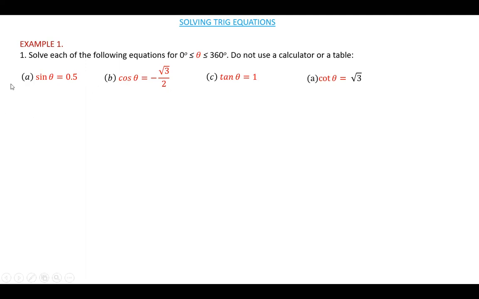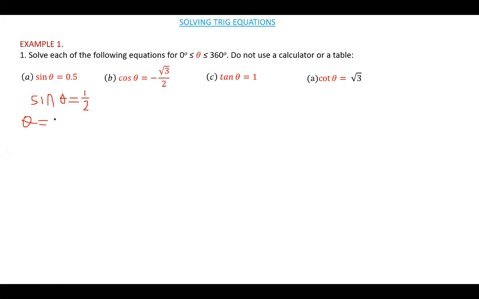So let us see how we can solve this first one here. The first one is saying sine theta is equal to 0.5. We know that 0.5 in other expressions, we can write it as half. So if you're solving such an equation, in short, you're trying to find the value of theta.